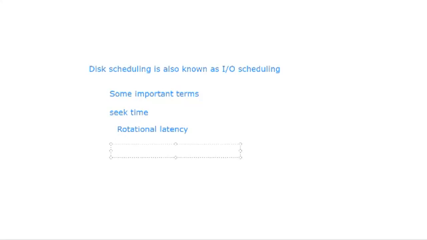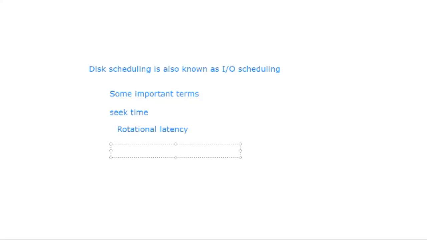It will move like this so that we can access the read write head. And so the disk scheduling algorithm gives minimum rotational latency. The scheduling should be done in such a manner that there is less rotational latency.